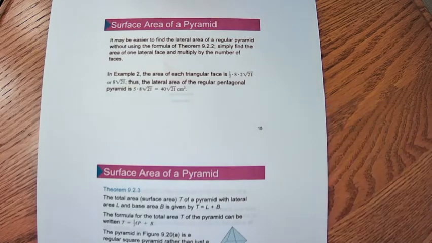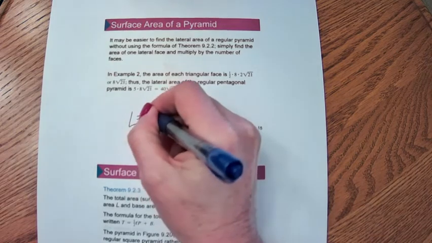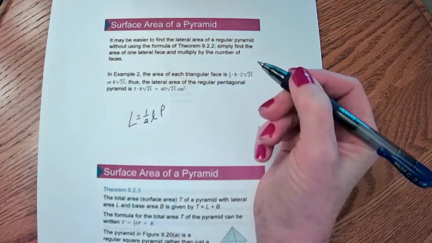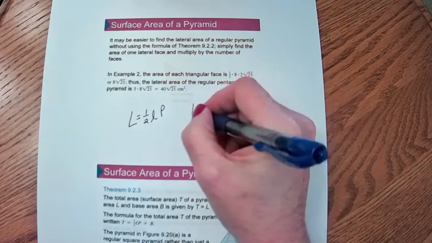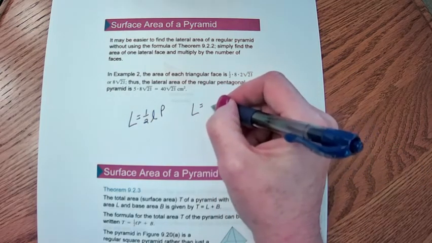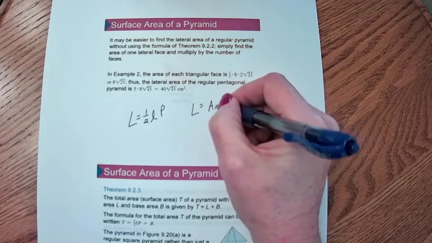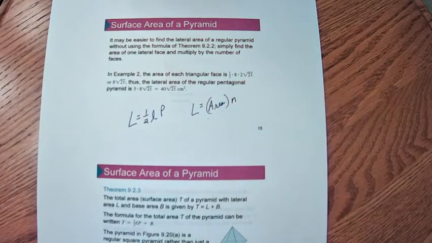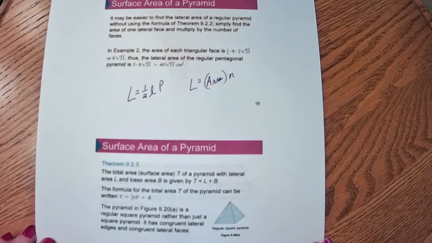So you can use L equals 1/2 the slant height times the perimeter, or you could find the area of one of the triangles and multiply by the number of sides. Whatever you think is easier.